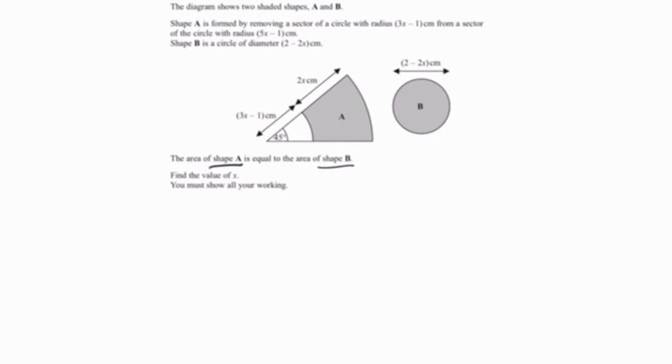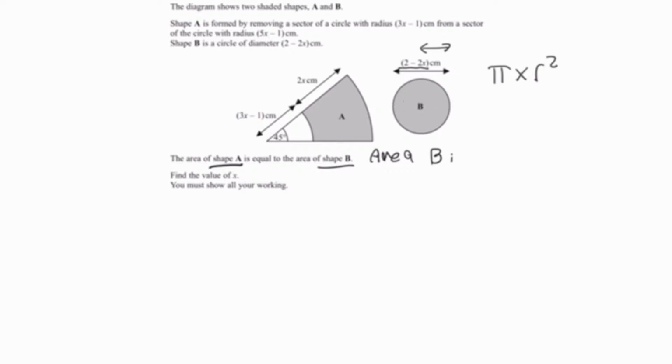So if we look at the easier one first of all, how do we find the area of B in terms of x? Well, if I write area B here, B is just a circle, and the area of a circle is given by pi times the radius squared. So in this circle, if you notice, we're not given the radius, but we're given the diameter, because this is going all the way across the circle.